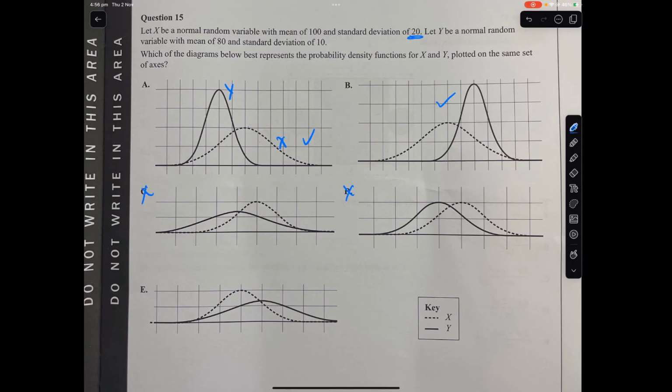No. And here again they're saying y would have much more of a spread. Also, we know that the mean is greater for x. So what does that mean? It means this is your mean here. This is your, let's call it x1, and this one here is x2. We know that the mean of x is greater, so choose A.